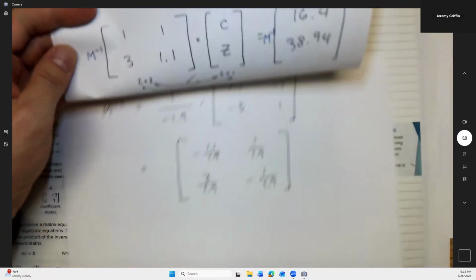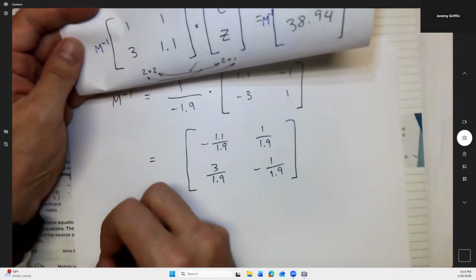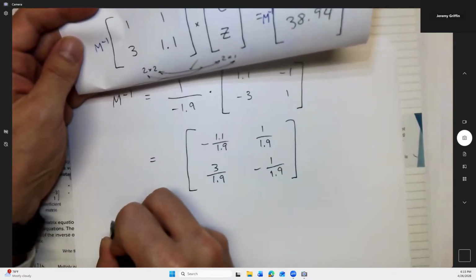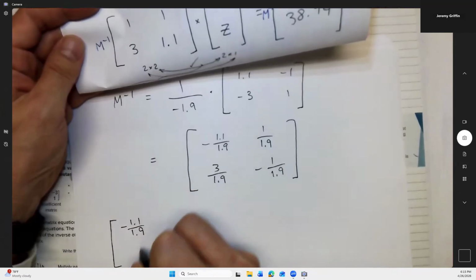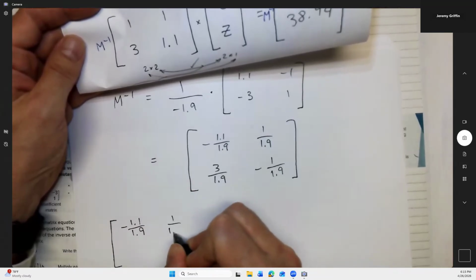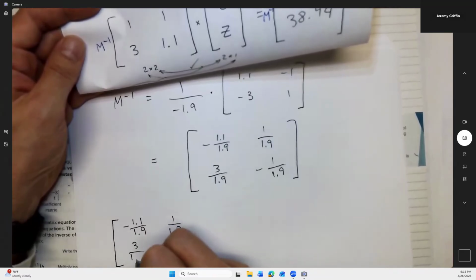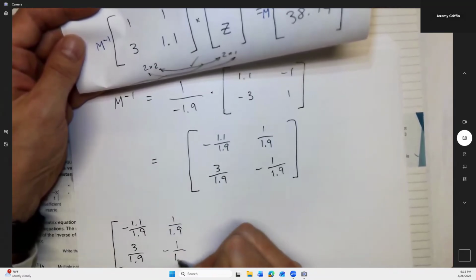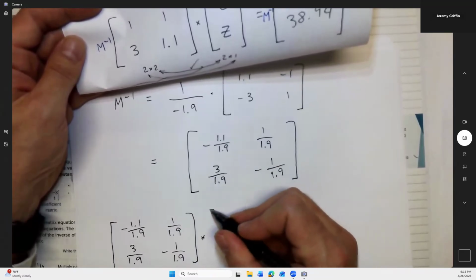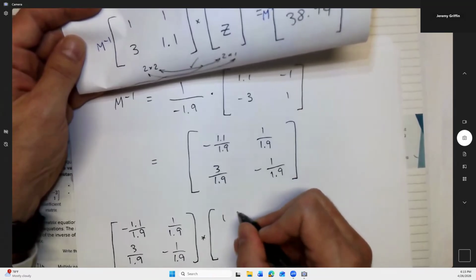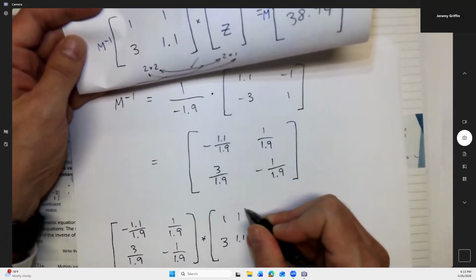All right, so I'll do the whole thing out here, so you can really see how this is going to work. So -1/9, 1/9, 1/9, 3/9, -1/9. That's being multiplied by 1, 1, 3, 1, 1.